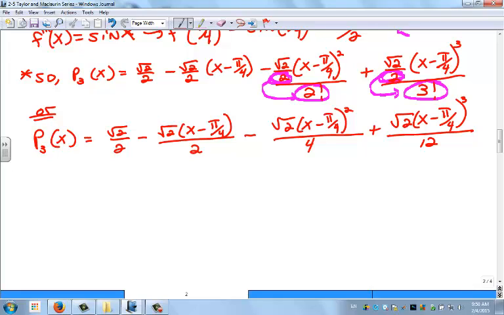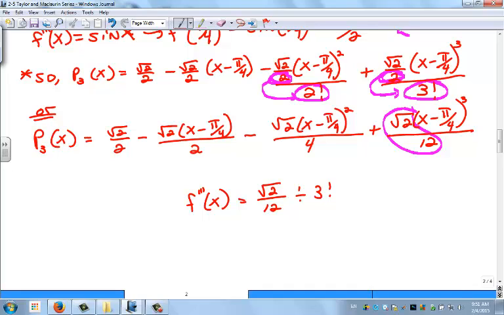Because, for example, if I want the third derivative of our original function, f triple prime of x, if I wanted to work backwards and I was given a polynomial, that would be equal to radical 2 over 12 divided by 3 factorial.